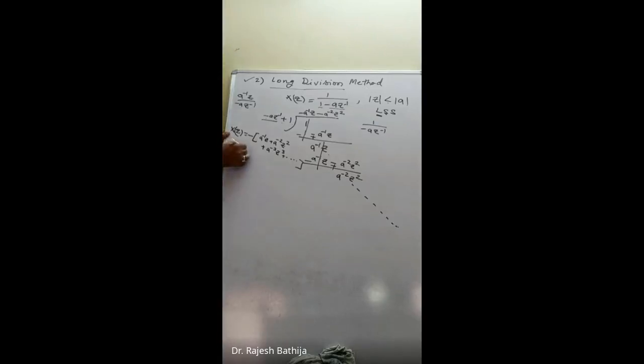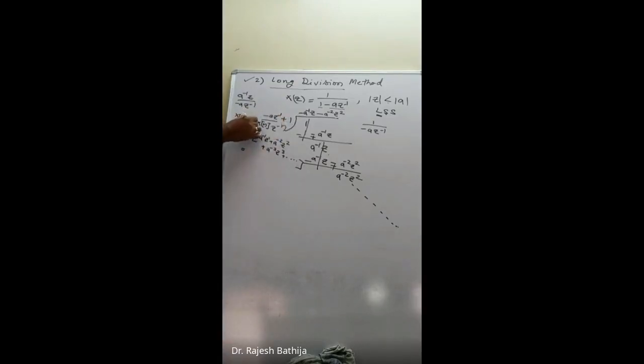Right? So here, which u of n will give us the values from minus infinity to minus 1? Because if you see here, z to the power plus 1 is there. But our formula of x of z is the sum of x of n z to the power minus n.